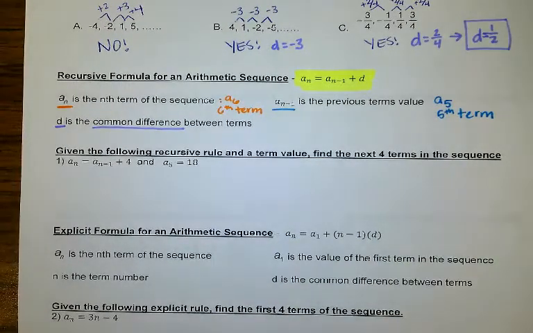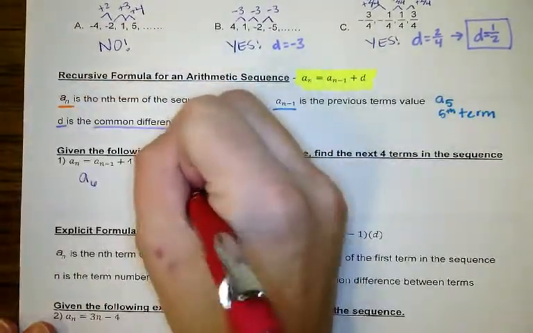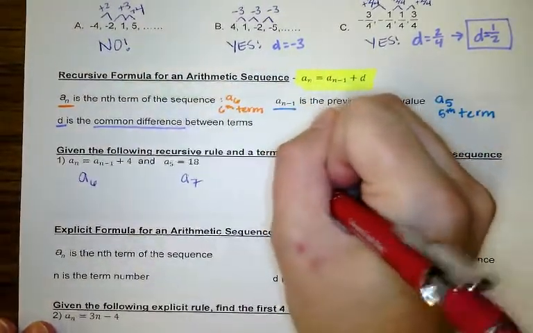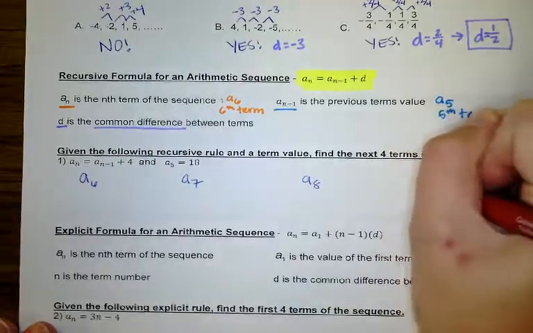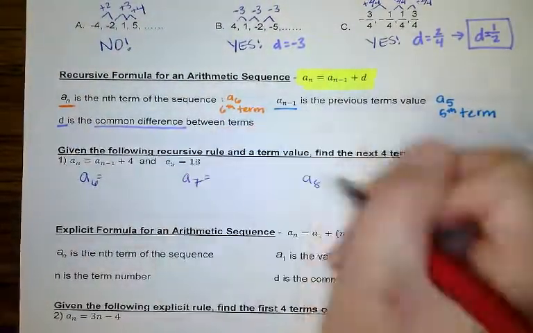We are looking for a sub 6, a sub 7, a sub 8, and a sub 9. Do y'all feel good about that?